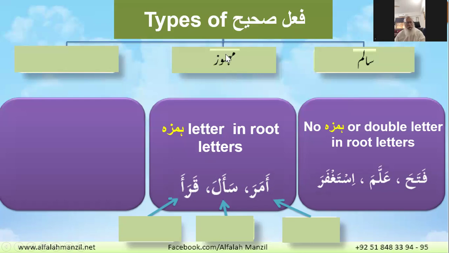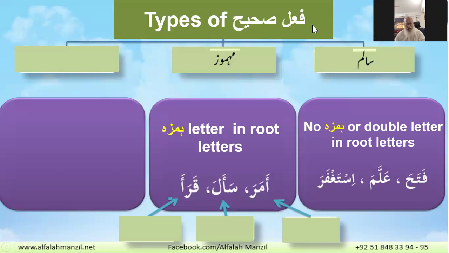So Mahmuz again has 3 types. It may come in the beginning, in the middle, or at the end. We will call it as per the letters Fa, Ain and Lam. Remember, these Fa, Ain and Lam are very important letters in the verb. They have a strong position. Fa is the first position, Ain is the second position, Lam is the third position. Either we refer to anything with Fa, Ain or Lam, or we refer with first, second, or third position.